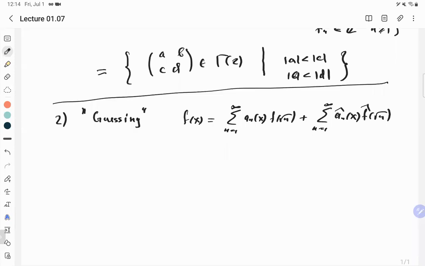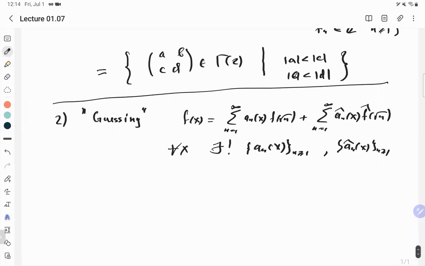So for each value of x, there is a unique formula of this type, with unique sets of coefficients. For each x, there are unique sequences a_n(x) and a_n hat(x), starting from 1, that make this work.